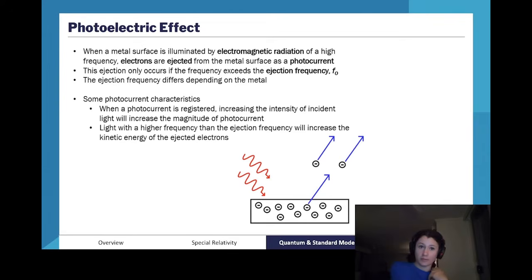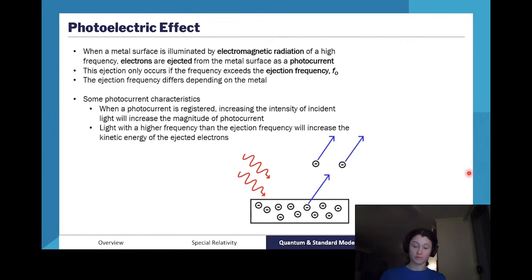What we actually see is that the energy of the electrons is equal to the energy given by the frequency minus the energy required for the electron to actually just jump out of the metal.